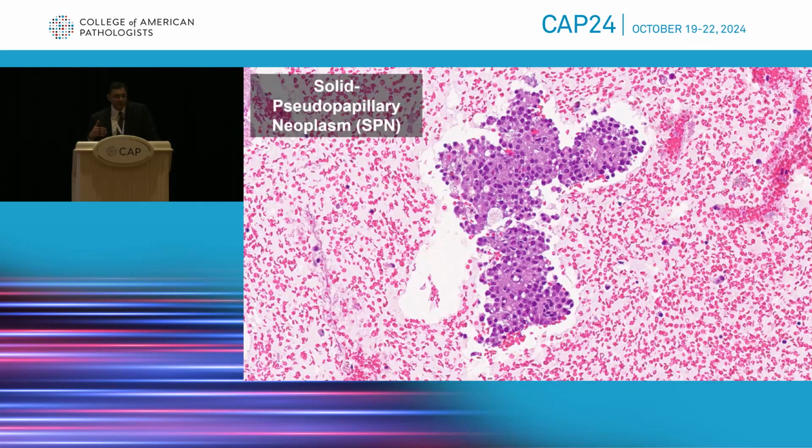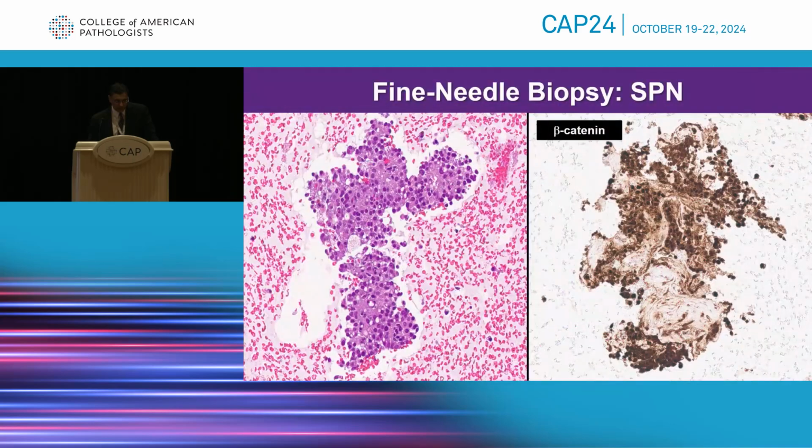These neoplasms need to be confirmed immunohistochemically, and they mimic acinar cell carcinomas, pancreatoblastomas, along with other neoplasms of the pancreas. But molecularly, solid pseudopapillary neoplasms harbor recurrent mutations in exon 3 of CTNNB1, or beta-catenin, that result in diffuse nuclear expression of beta-catenin within these neoplasms, as opposed to the squamoid nests, which are localized to those squamoid nests in a pancreatoblastoma.